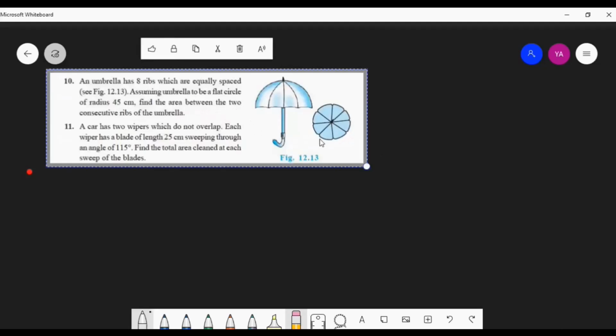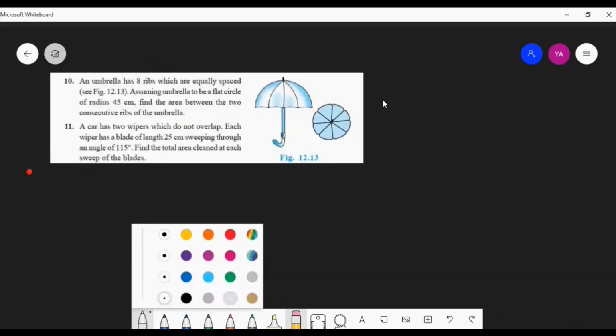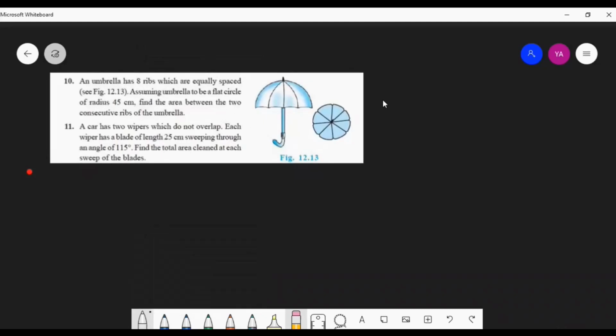That makes a sector, right? Consecutive means next to each other. So the area between 2 consecutive ribs makes a sector, like this. If you get the radius and the angle of the sector, we can do that. So here, what will be the radius of the sector and what will be the angle of the sector?